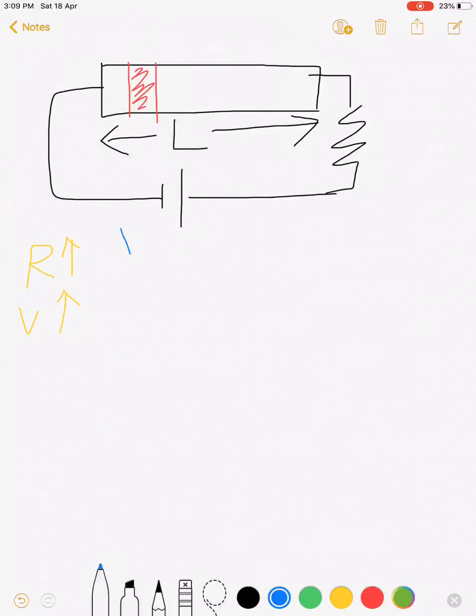Now the voltage drop is given by V, it's a variable source. We can increase the voltage, and we know E equals V upon d, that is the intensity is equal to voltage by distance.